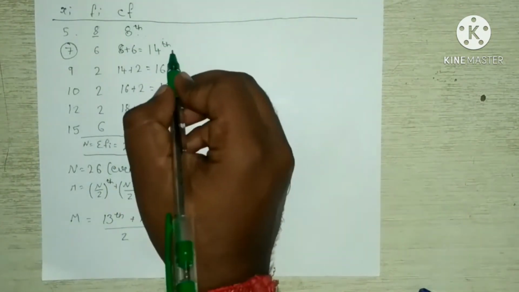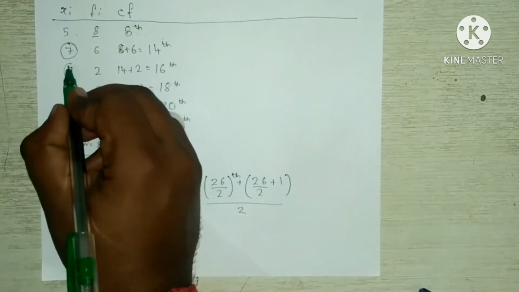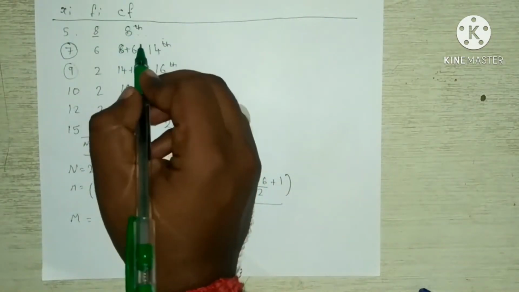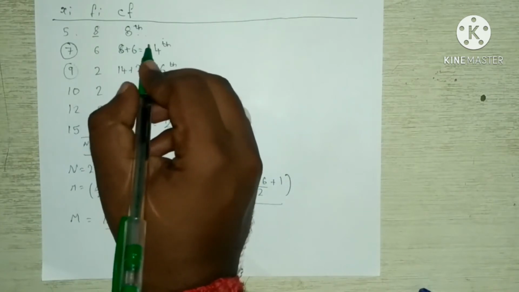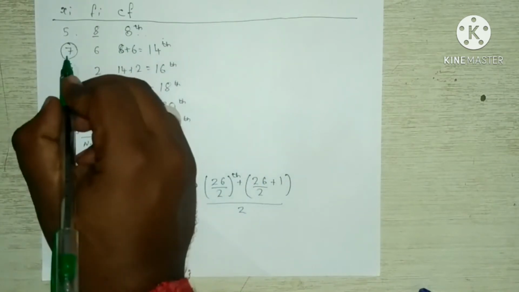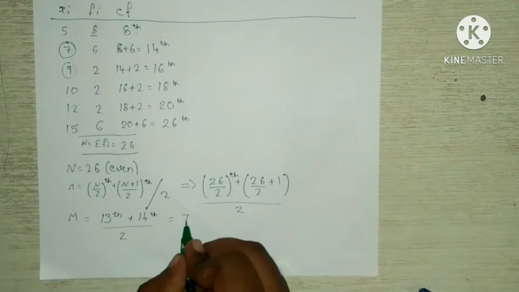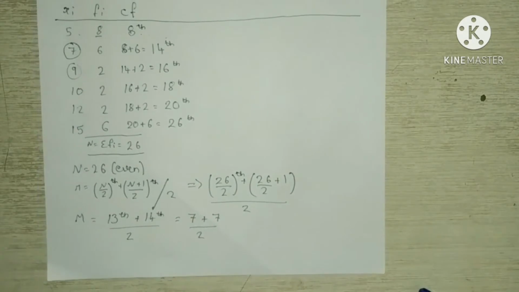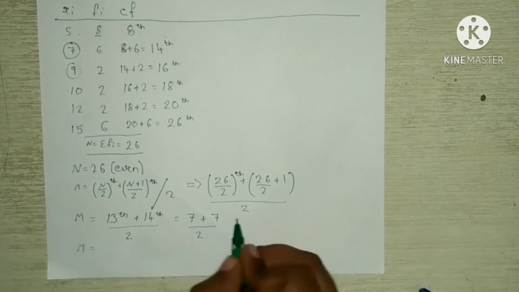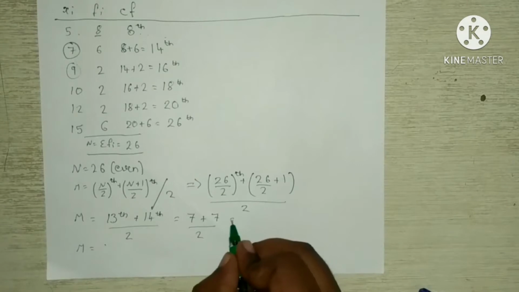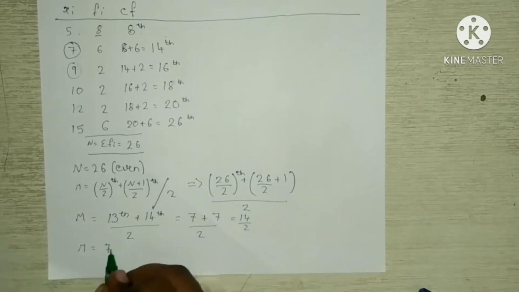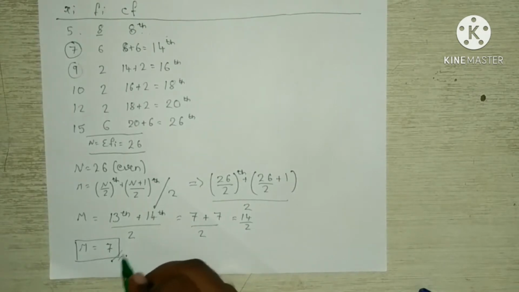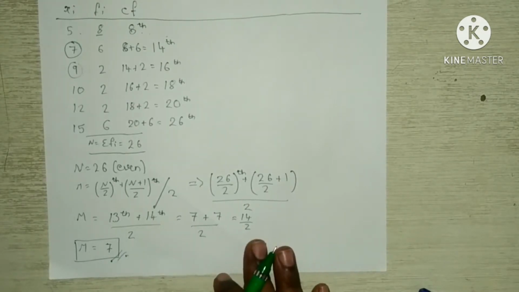If it was the 15th term, we would have considered 9. Now it is the 13th term; after the 8th term, the 13th term will come, and before the 14th term, the 13th term will come. That's why we are considering 7. The 13th term is 7 and the 14th term is 7, all divided by 2. Median is equal to 14 by 2, which is nothing but 7. M is equal to 7.